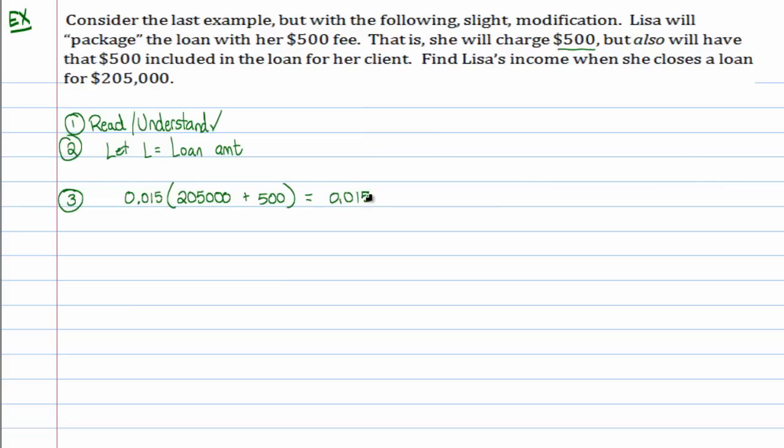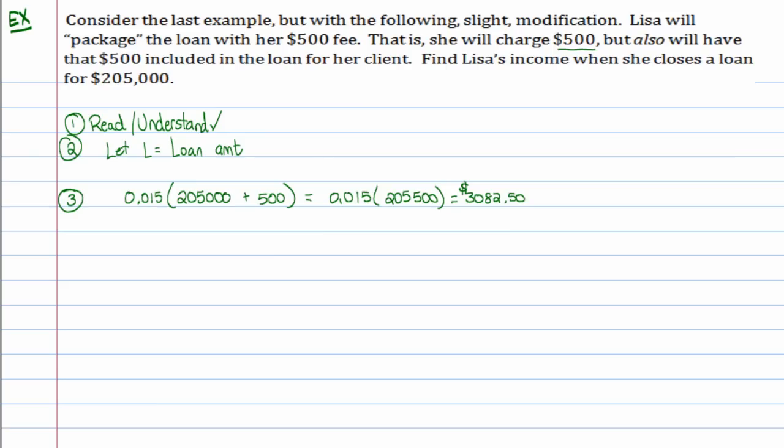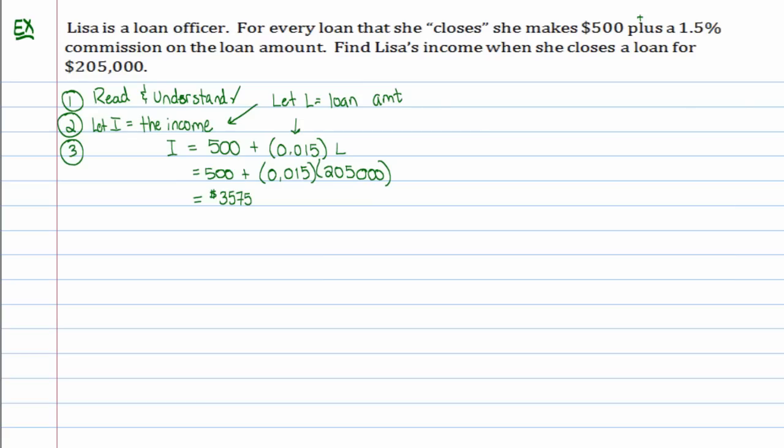So that means she gets 1.5% of 205,500, which is equal to $3,082.50. Now, to be honest with you, this would be a silly way for her to do it anyway. Notice that in the previous situation, which was, let's see, previous page, this one right here, she made $3,575.